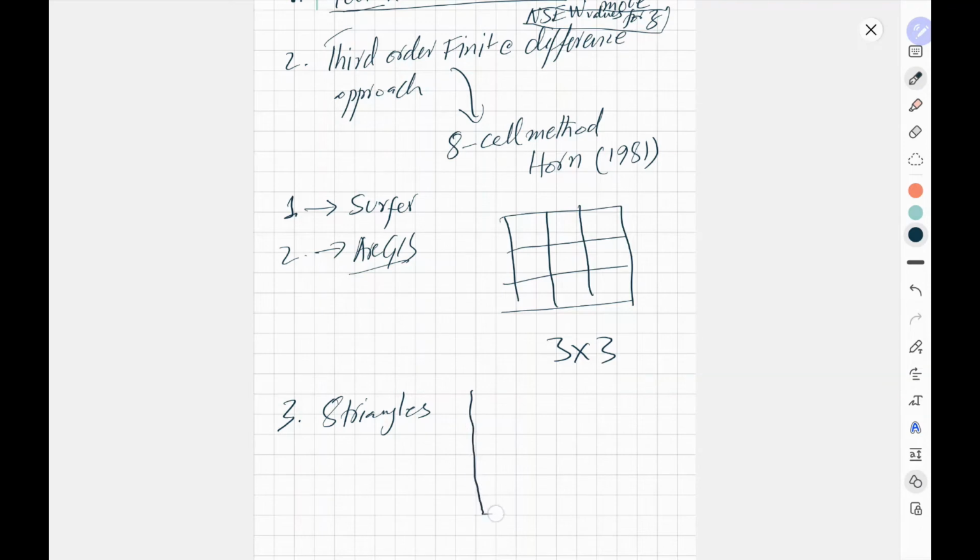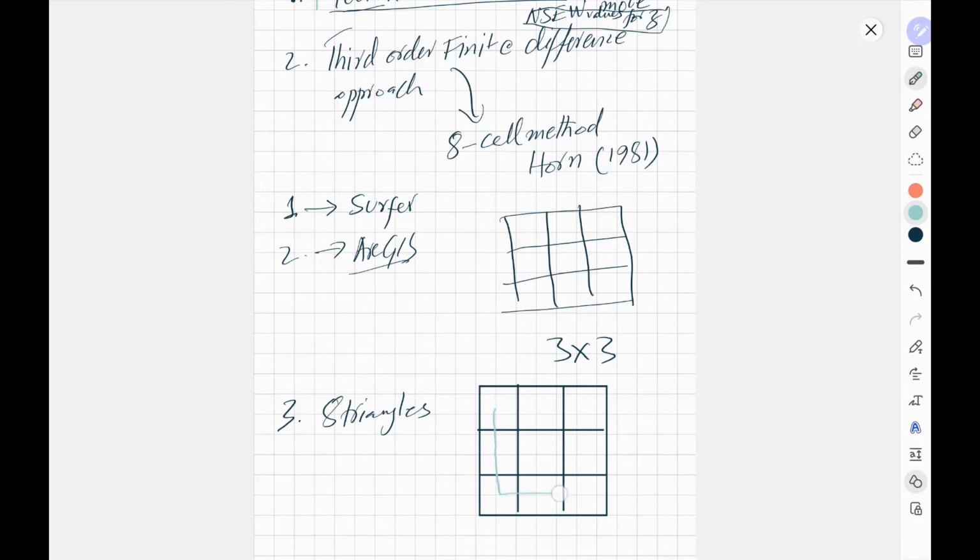You have a 3x3 window, and in this you take middle points like this and you draw eight triangles.